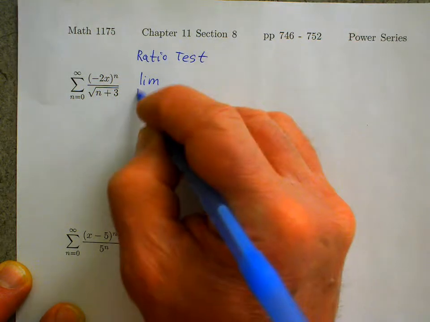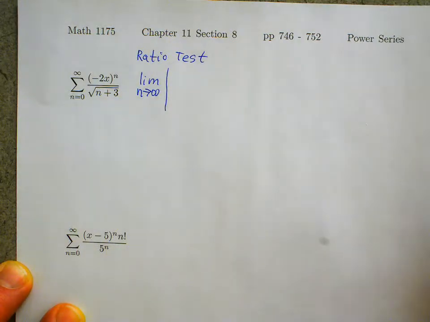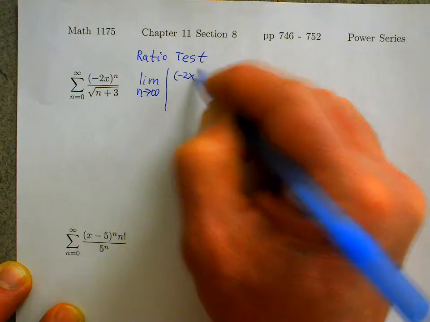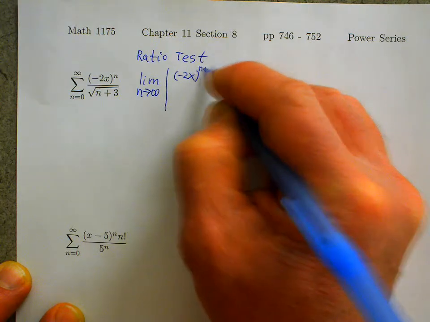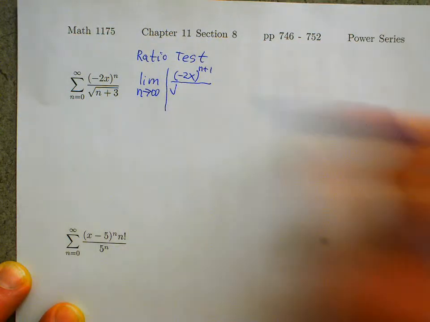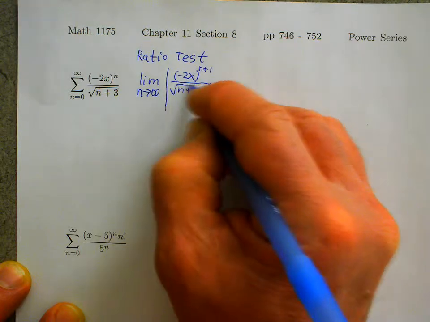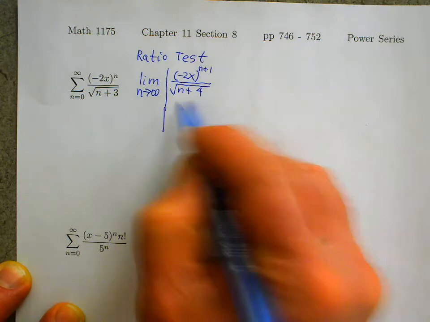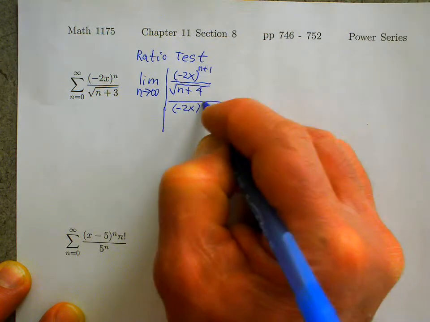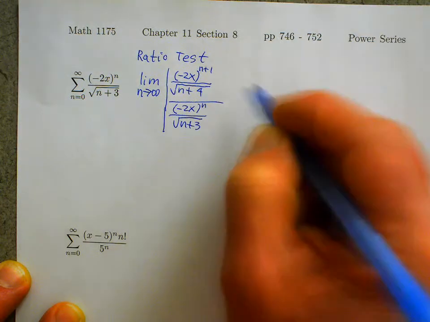So the limit as n approaches infinity of the absolute value of negative 2x to the n plus 1 over the square root of n plus 1 plus 3, or the square root of n plus 4, and then divided by negative 2x to the n over the square root of n plus 3.